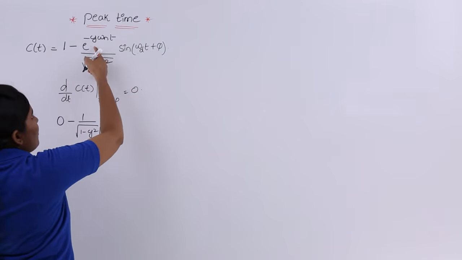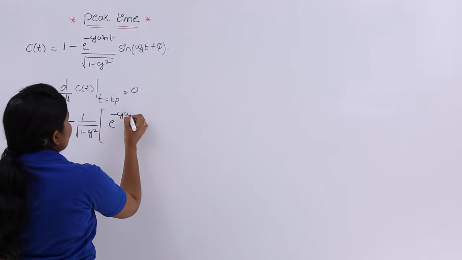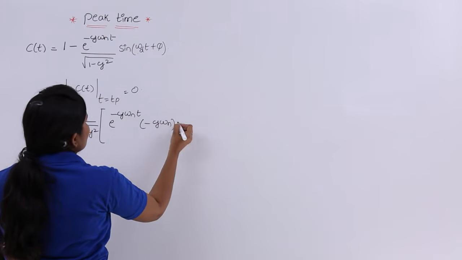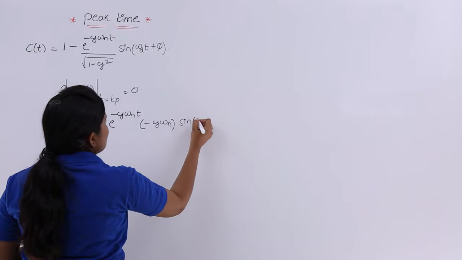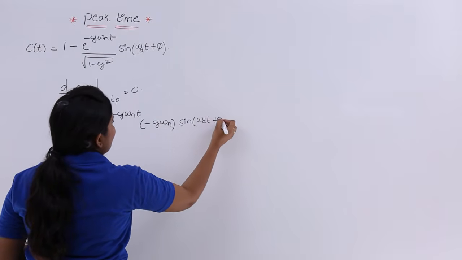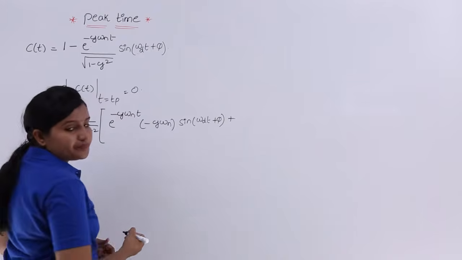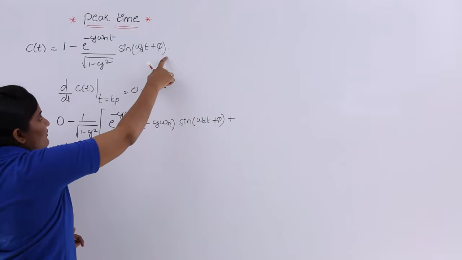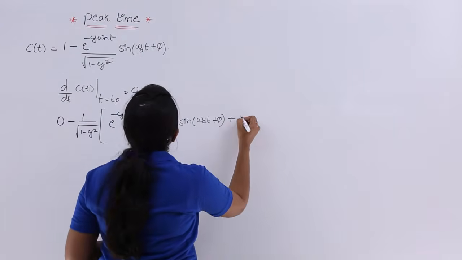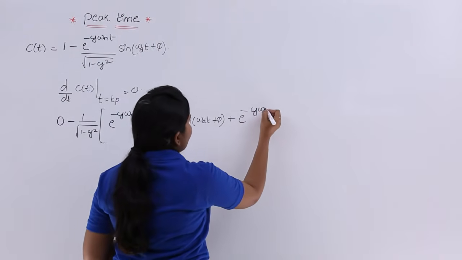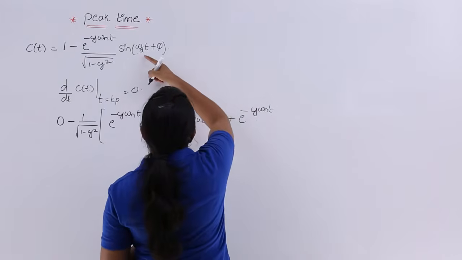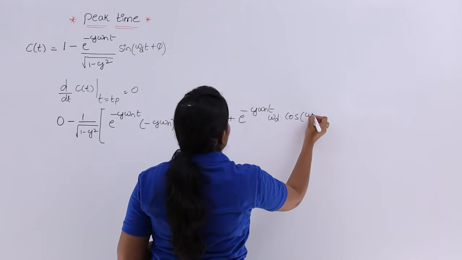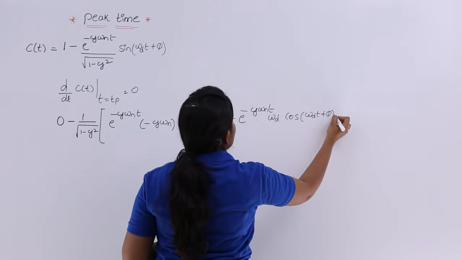The differentiation of this is zeta omega n into minus zeta omega n t. I am taking the sine as it is, sin omega d t plus phi, and next I am taking this as it is and differentiating v, that means e power minus zeta omega n t. The differentiation of this is omega d, and here cos omega d t plus phi. Differentiation of sine is cos.